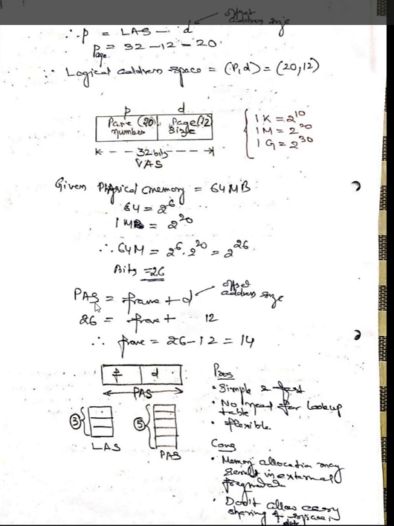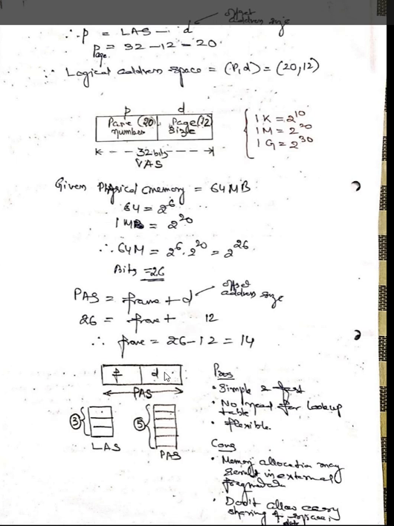So what is the physical address space? The physical address space is frame number plus frame size. So what is the frame size? Frame size is the same as the page size, so that 12 comes here. And 26 is the physical address space, so 26 minus 12, that is 14, is the frame number.